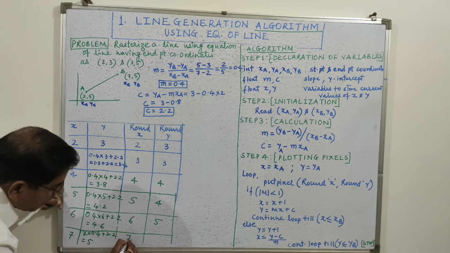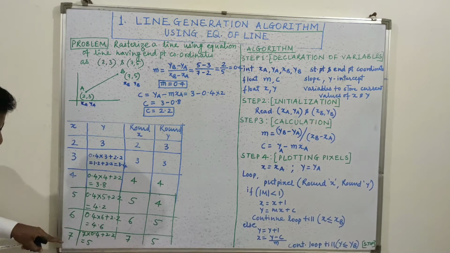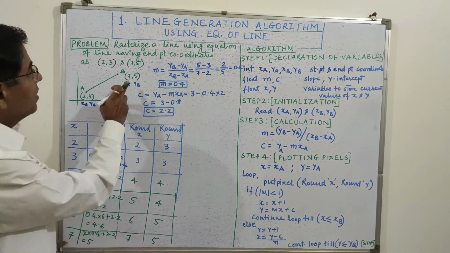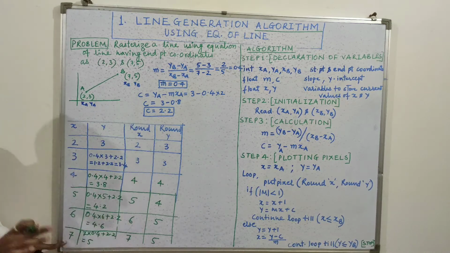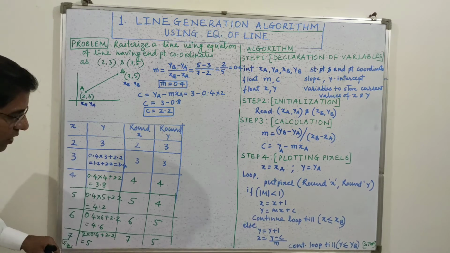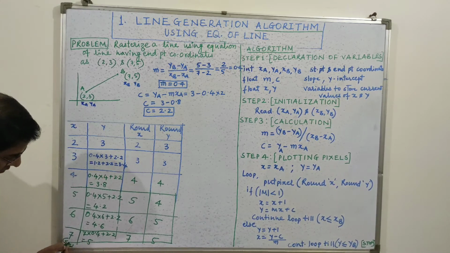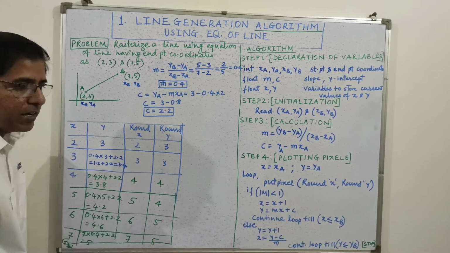So 7 is rounded as 7 and 5 is rounded as 5. Now here the value of x is equal to xb, and that is why this iteration will stop here, because the condition is x less than or equal to xb. Okay, so the table will be completed here.